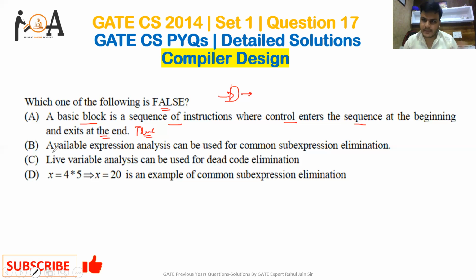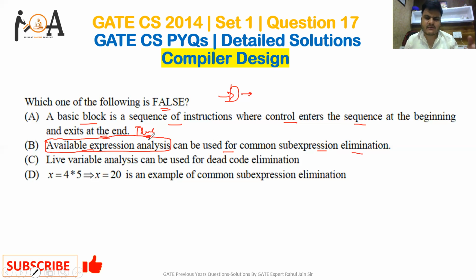Option B: available expression analysis can be used for common sub-expression elimination. Available expression analysis is a global algorithm for checking complete blocks in code, to see whether common sub-expressions exist.